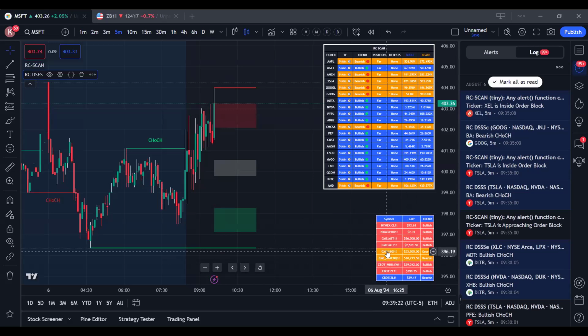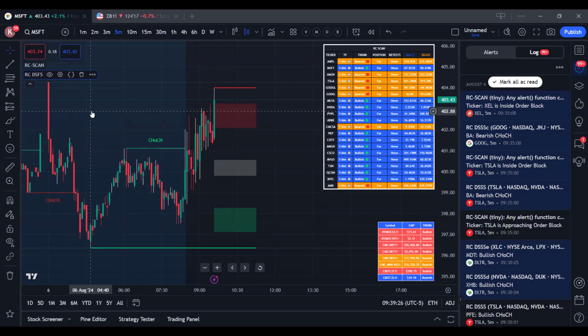Right, NKD and NQ, they are showing in orange color. Let us go to NKD and NQ.